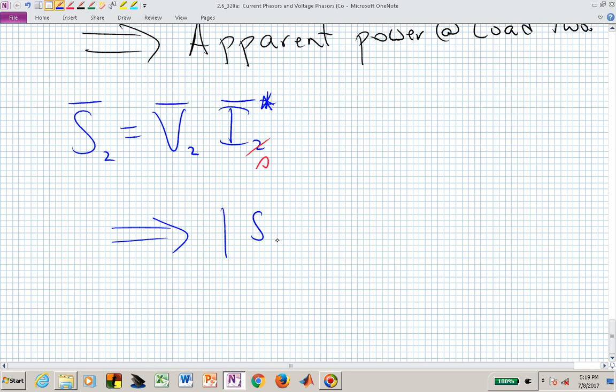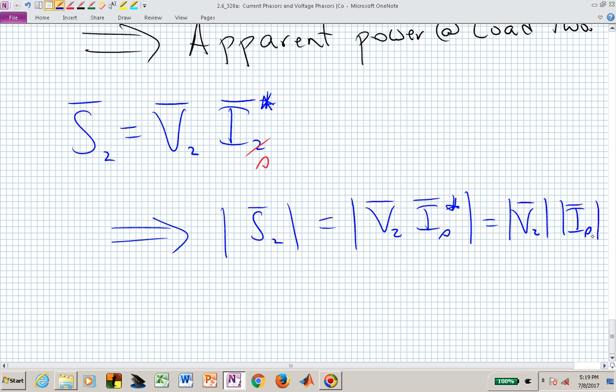So I know that then the magnitude of S sub 2 is the magnitude of V sub 2 I sub S conjugate, which is now the magnitude of V sub 2 I sub S. So this is now justifying what I said before, that I actually have the apparent power of load 2.